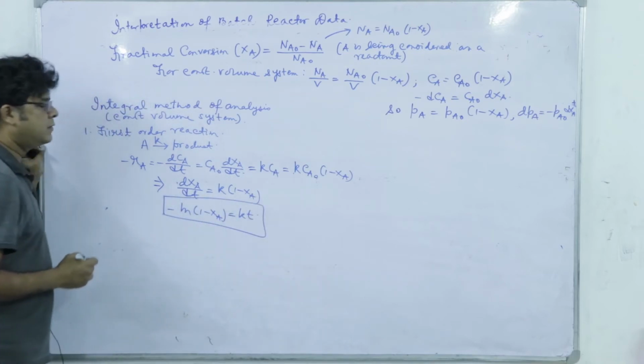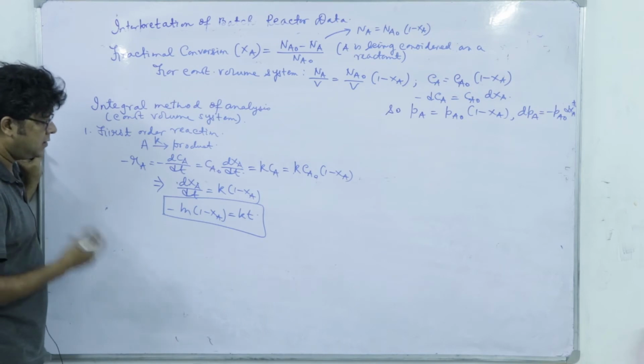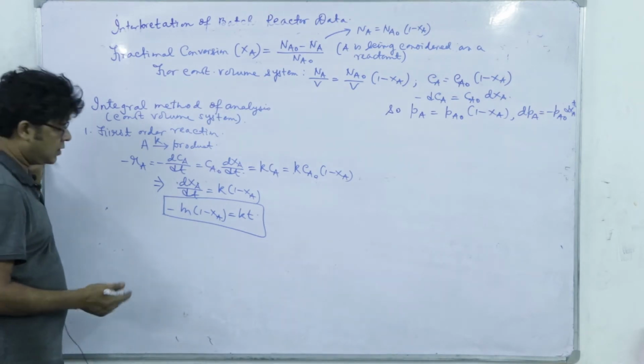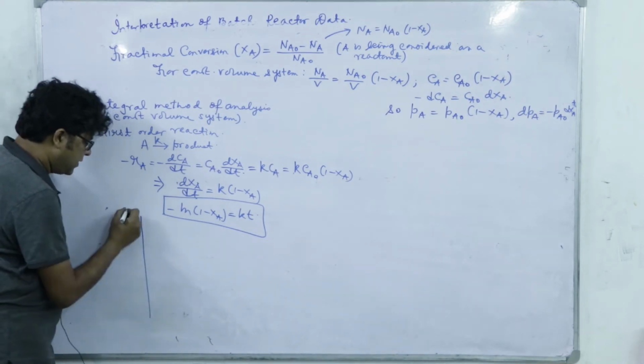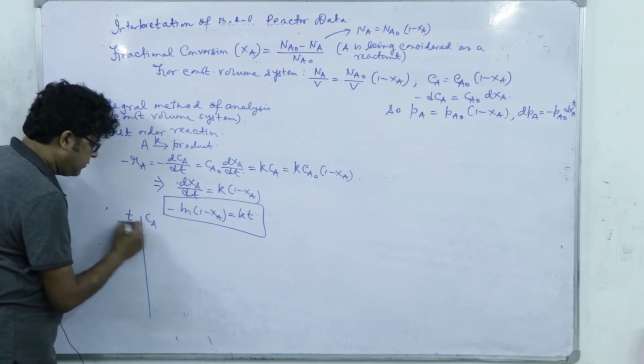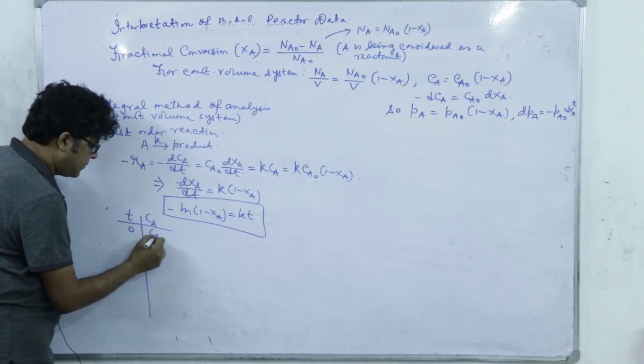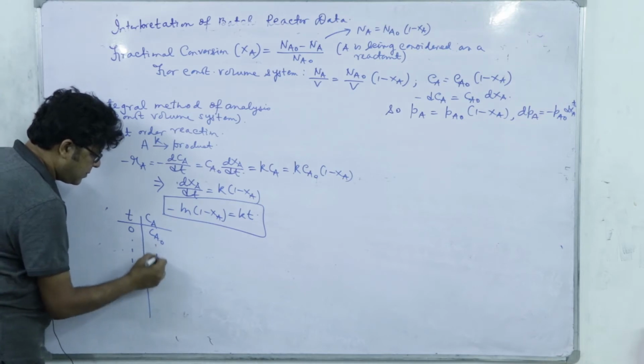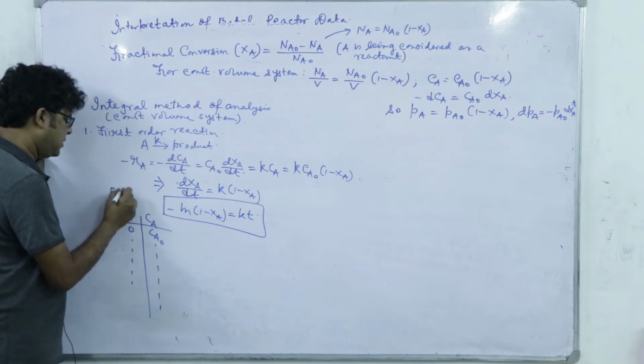Right. So how do you check whether this model is valid or not? Say we have generated this t versus Ca data. These are experimental data.